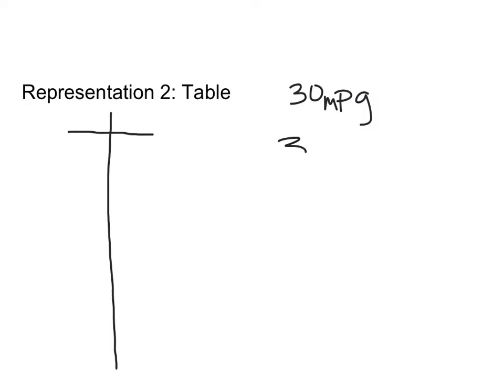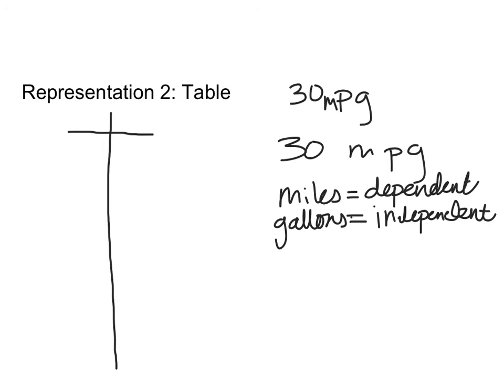So if we're doing 30 miles per gallon, then we're probably going to say that miles is the dependent variable because the number of miles you can drive depends on the number of gallons in your car. However, it's important to note here that depending on what the problem was asking for, you might do it the other way around, right?